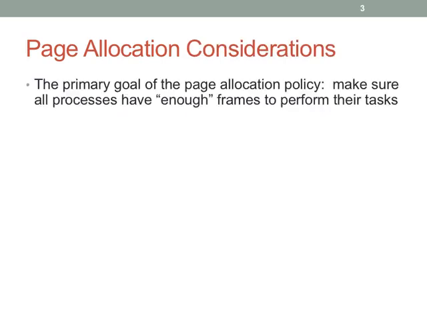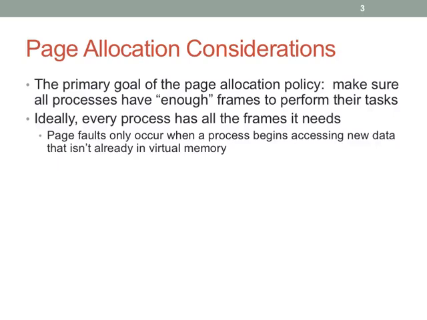Now, the way they figure this out is they want to try to satisfy the needs of every process, as far as how many pages it wants to utilize. If we lived in a perfect world, every process would have all the frames that it needs, so we'd never generate faults except when we access something for the first time.